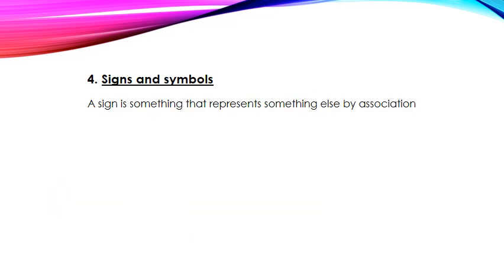Then we can also receive communication through signs and symbols. A sign is almost like graphic communication, but a sign is when you see a picture and you immediately think of something else. You associate the something else with this picture. You know what that is. We all know what that is.